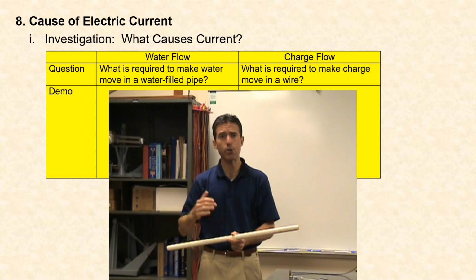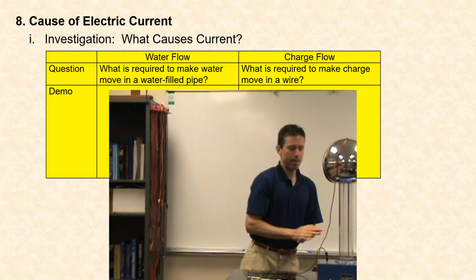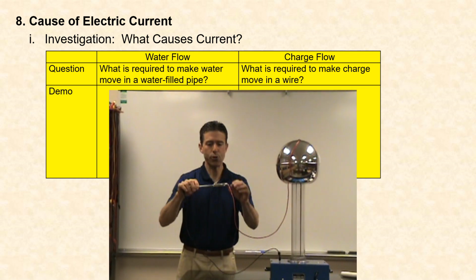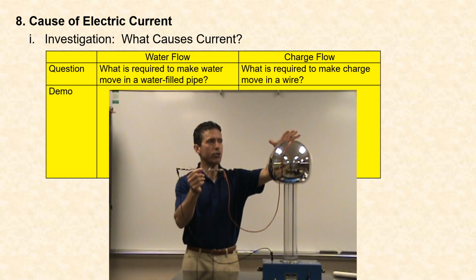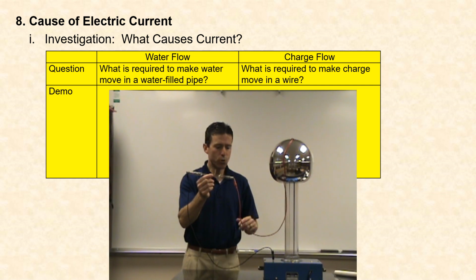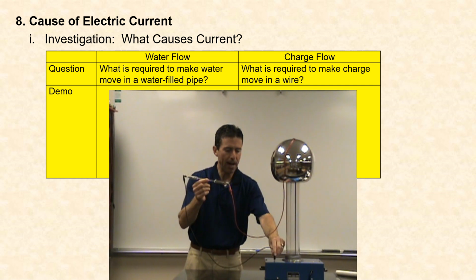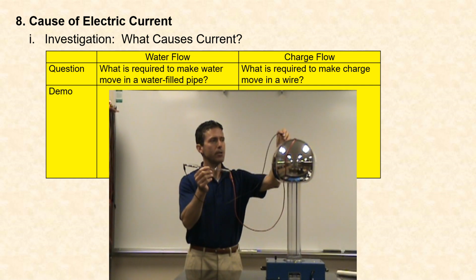This is exactly the same for the flow of electrons. If I take this spectrum tube here, and I have a very high electrical pressure that I can produce by this Van de Graaff generator, notice what is going to happen if I connect both ends of the spectrum tube to a very high electrical pressure.